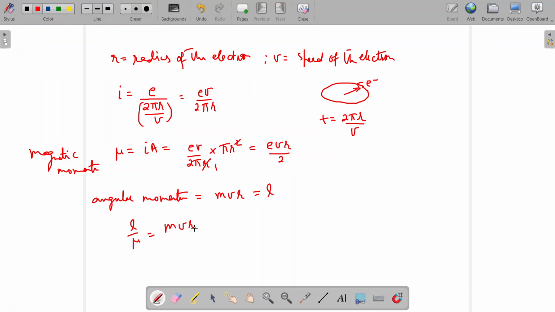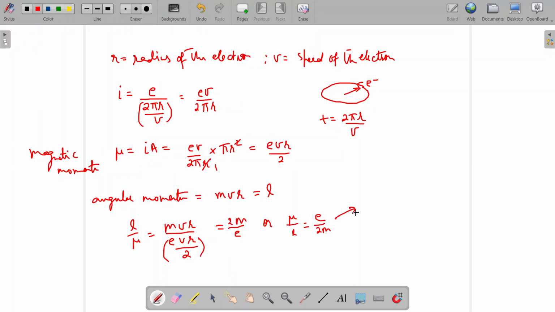As we will see, it is equal to 2m upon e, or magnetic moment divided by angular momentum is equal to e upon 2m.